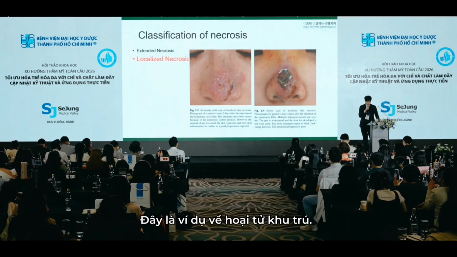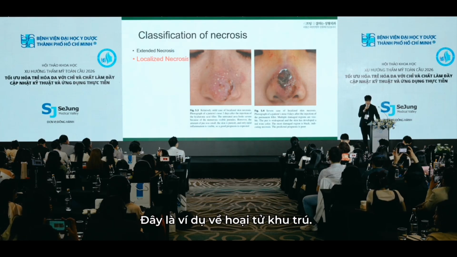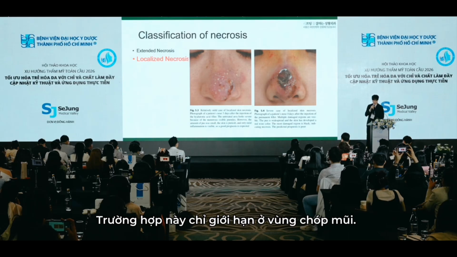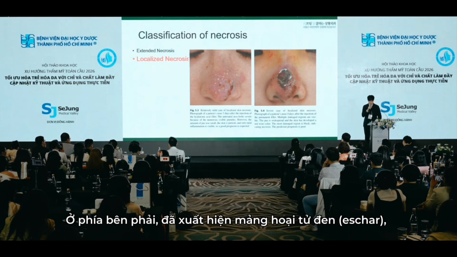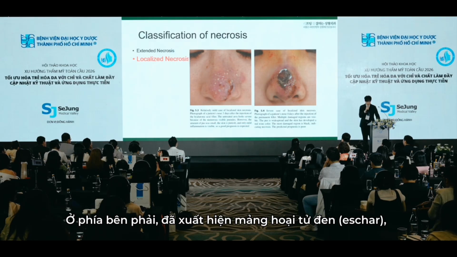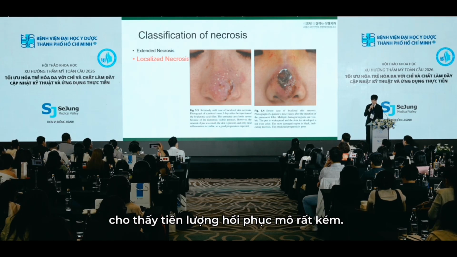Here you can see an example of localized necrosis, a case confined to the nasal tip region. On the right side, a black eschar has already formed, indicating poor prognosis for tissue recovery.